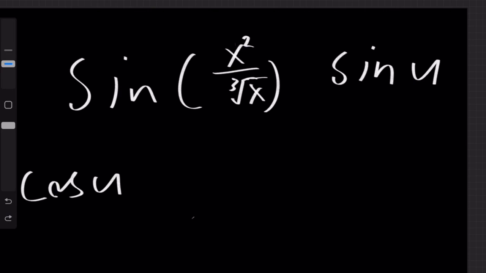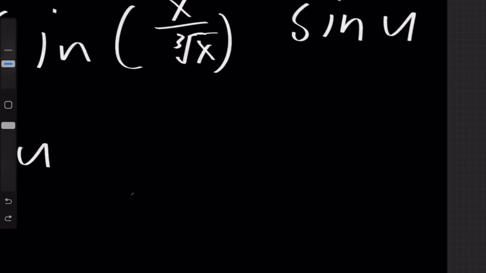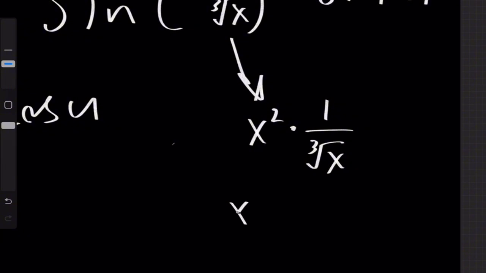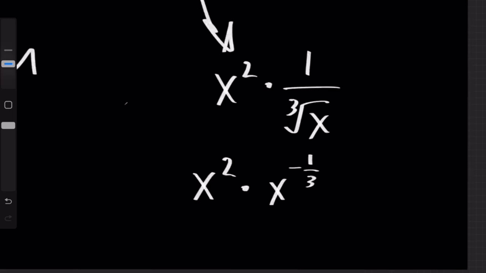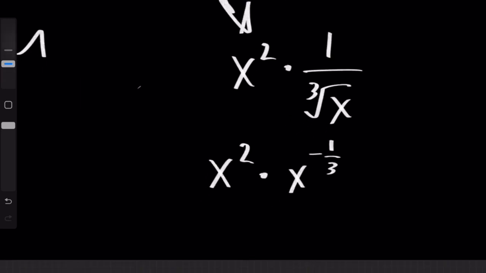Well, we find it using the power rule, by rewriting it as x squared times x to the power of negative 1/3. And we just use the power rule on that. But first, we have to obviously combine these two. If you didn't know, multiplying means adding the exponents.